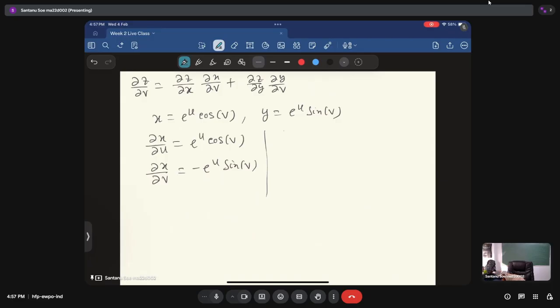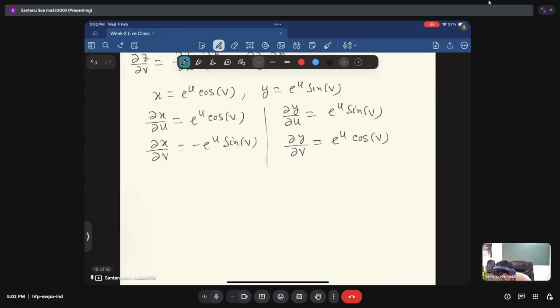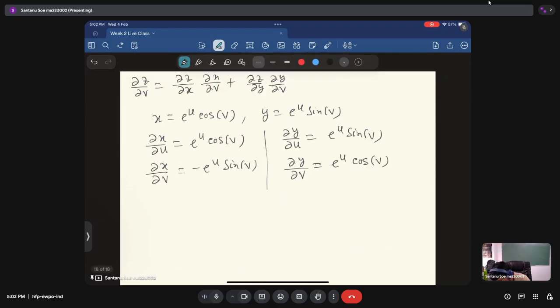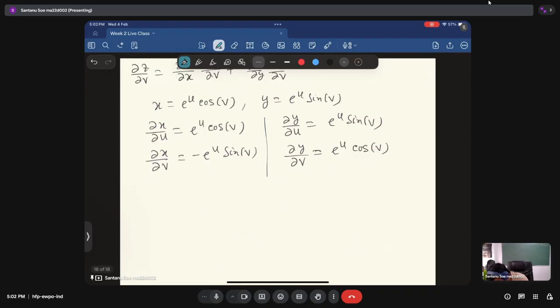Similarly, del y del u is e to the power u sin v and del y del v is e to the power u cos v. Now we have to put all the values of del x del u, del y del u, del x del v and del y del v in the equation.